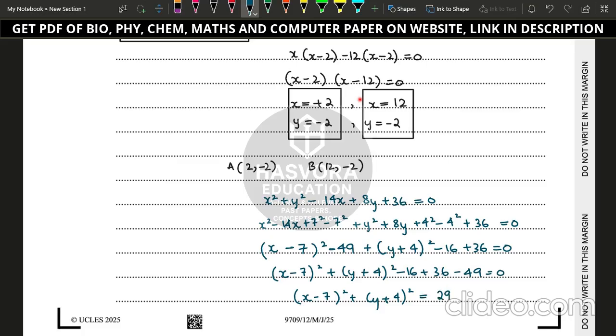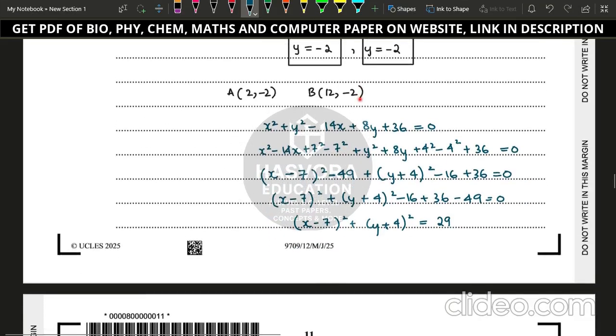Okay, so what is the standard form of the equation? It is x minus a whole square plus y minus b whole square equals r square. The minus sign is of the equation, so if you are getting plus, it means that the coordinate has the minus. So you can see that a is equal to 7, since it is minus, and b is plus, so b will be equal to minus 4.